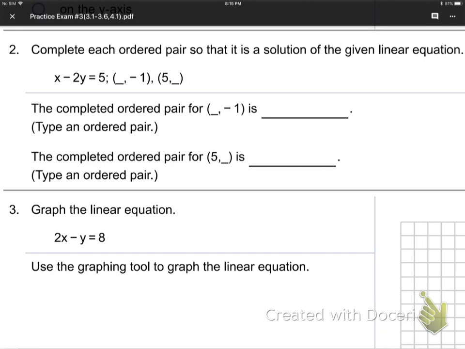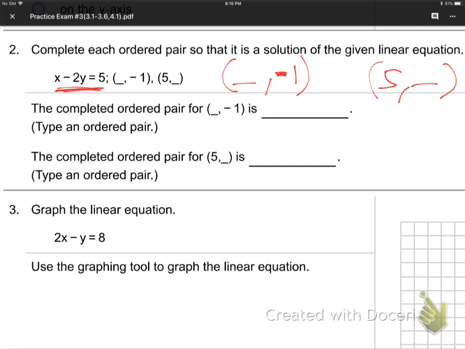Complete each ordered pair. See what they're saying? They're giving you this equation, and they're saying something comma -1. Find it for us. And then 5 comma something. Find it for us. Do you see what they're saying?